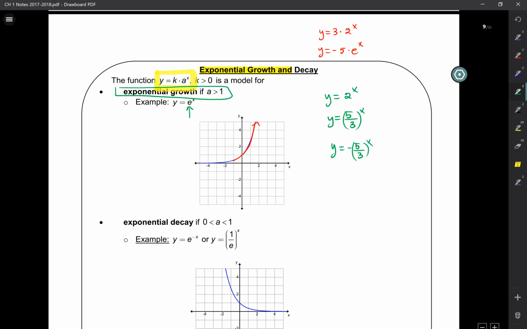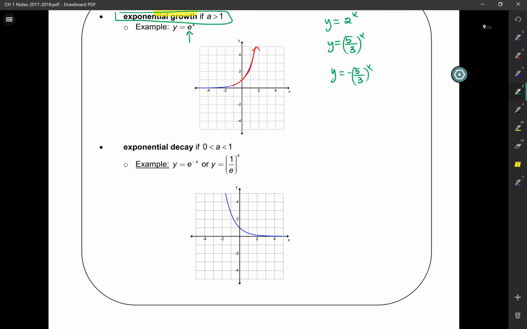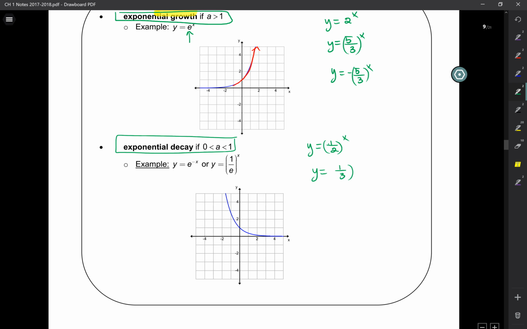You ignore the negative. Okay? Exponential decay is if a is between 0 and 1. Y equals half to the x. Y equals 1/3 to the x. Negative 1/3 to the x.